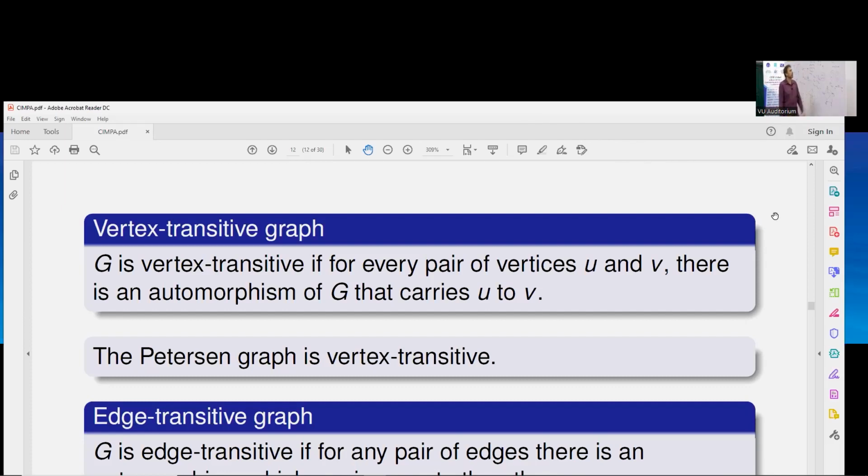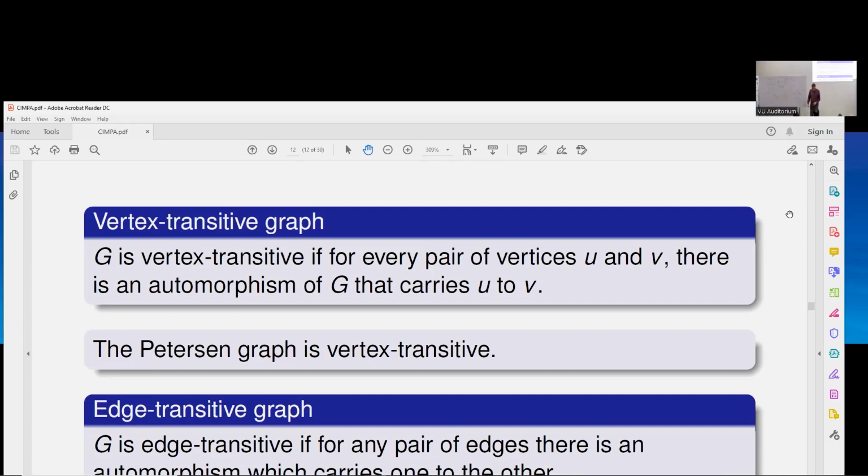But as you can see, the graph is vertex-transitive if for every pair of vertices, you can pick any two of them, and there must be an automorphism carrying one to the other. But there is no automorphism which carries this vertex to this, right? Therefore, this graph is not vertex-transitive. And now the Petersen graph is vertex-transitive.